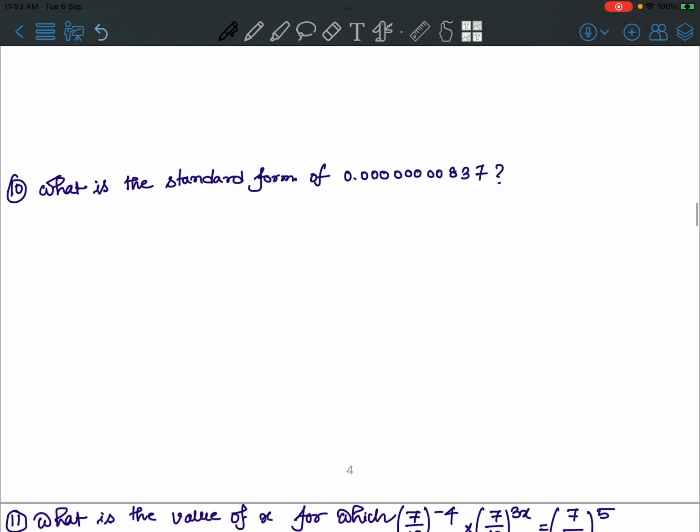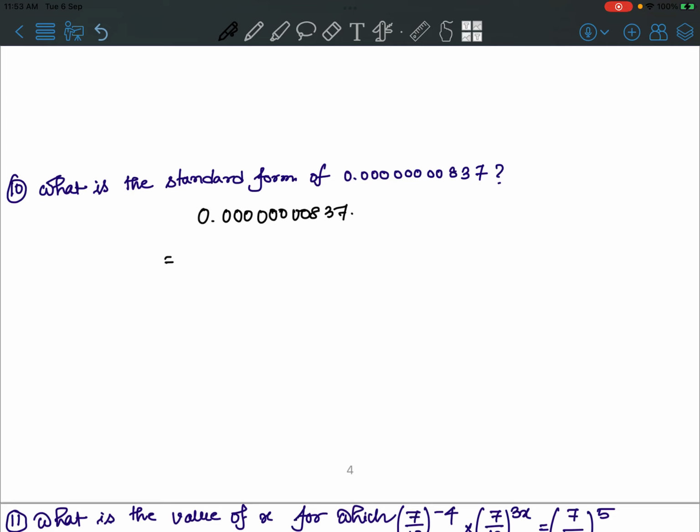Now the next problem is, what is the standard form of 0.00000000837? Let me write the problem. To solve this kind of problem, you have to count the places after the point.